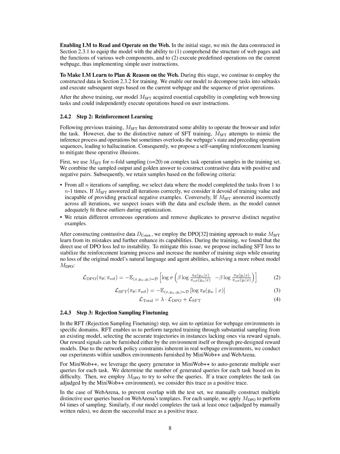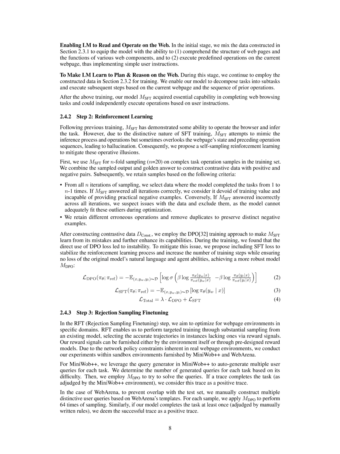In this phase, the model, having demonstrated some ability to operate the browser and infer tasks, undergoes self-sampling reinforcement learning to mitigate operational illusions. The model samples its output multiple times on complex task operation samples, constructs contrastive data with positive and negative pairs, and uses a DPO training approach to learn from its mistakes and further enhance its capabilities.